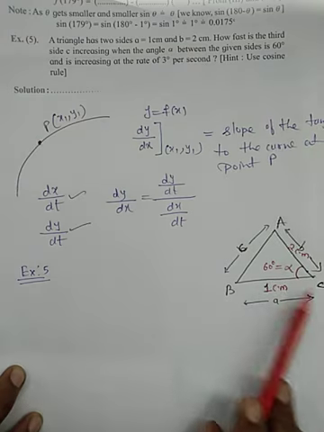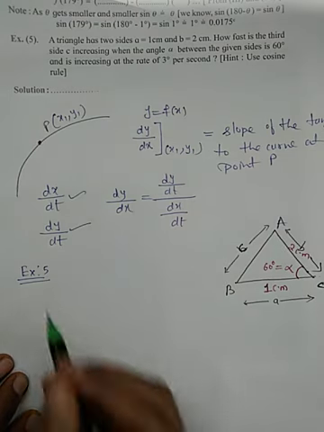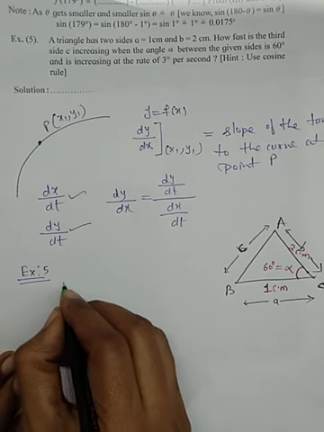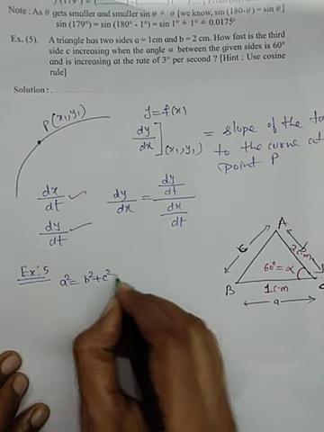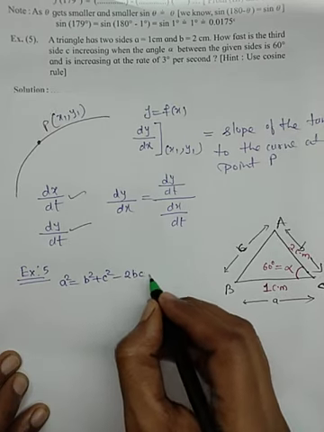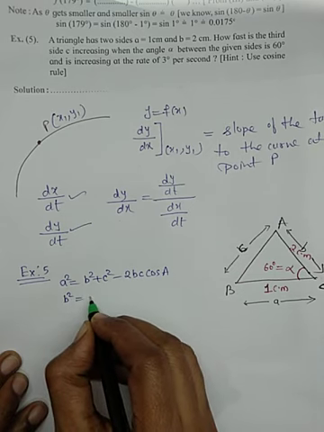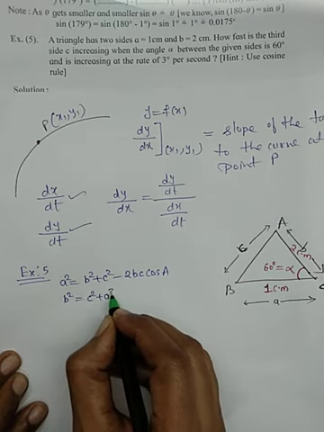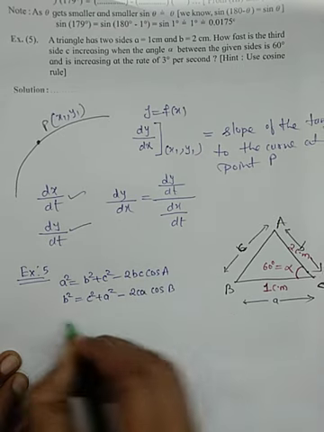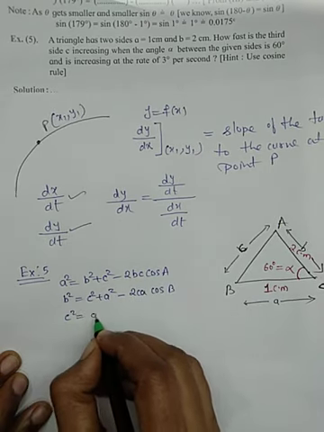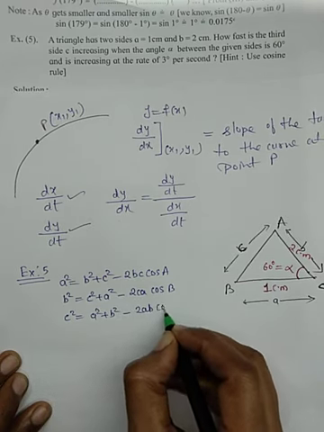You can take it as alpha or C, no issue, but in the formula you are using C. See, you know the formula of cosine: A square equals B square plus C square minus 2BC cos A. Second, B square equals C square plus A square minus 2CA cos B. Third one is C square equals A square plus B square minus 2AB cos C.